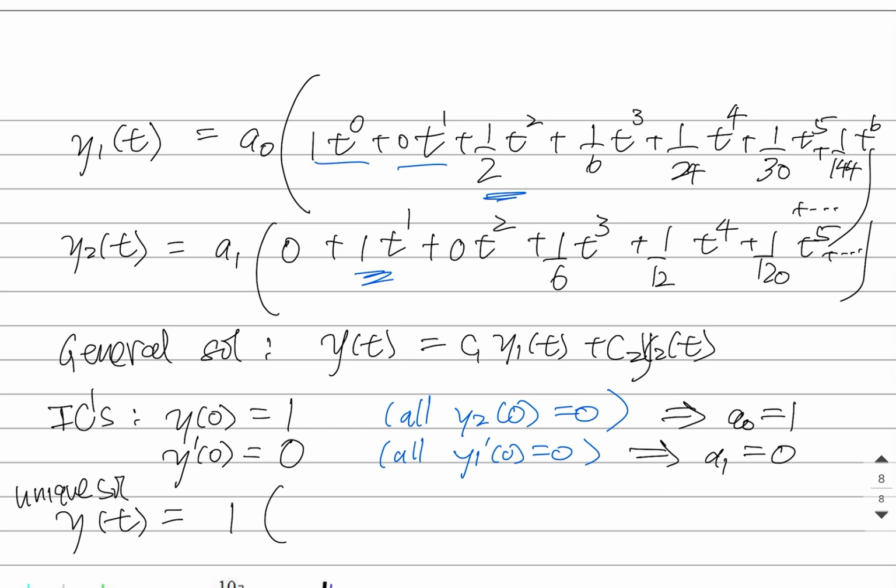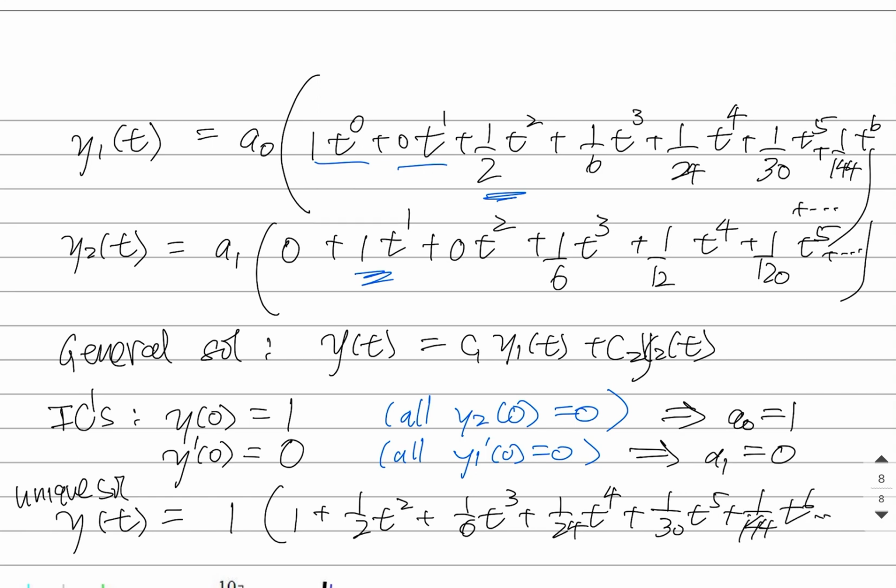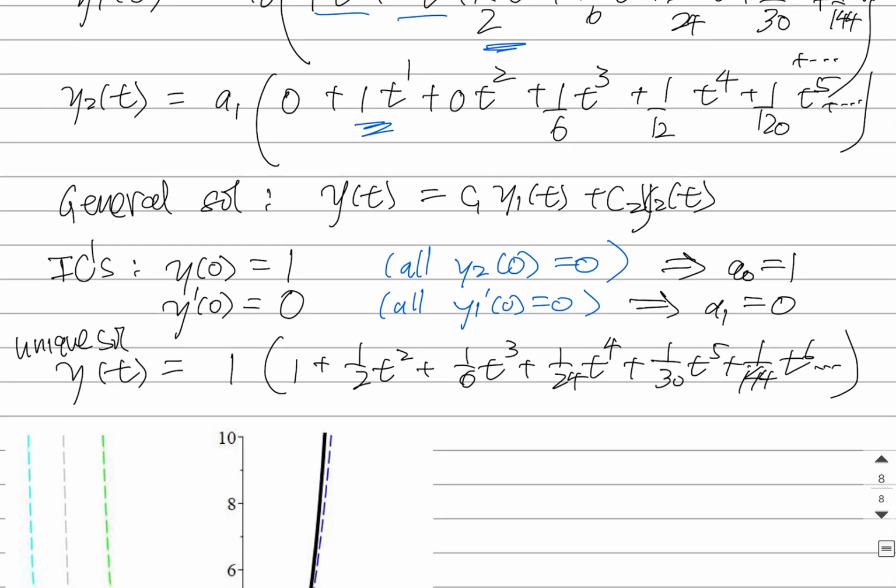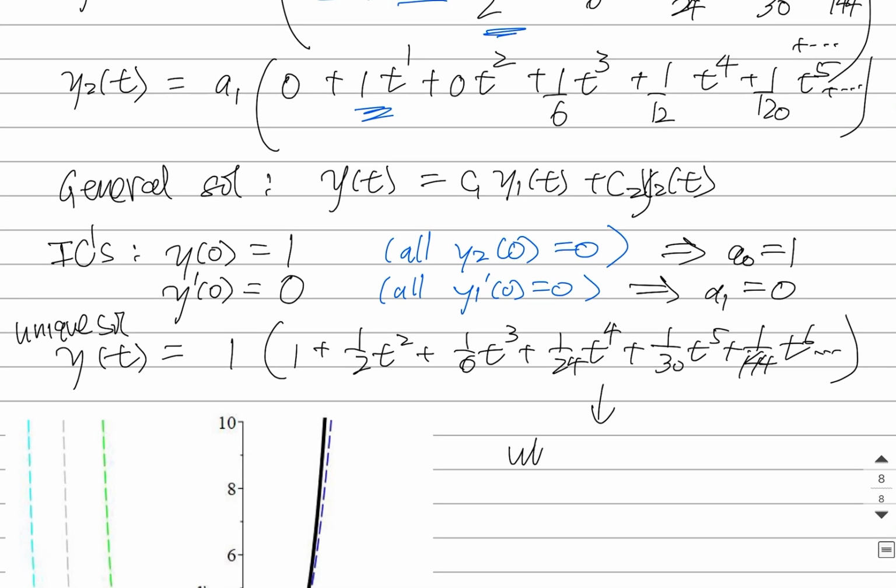So the unique solution to this initial value problem is just 1 times this series. I'll have 1 plus a half t squared plus 1/6 t cubed plus 1 over 24 t to the 4 plus 1 over 30 t to the 5, 1 over 144 t to the 6. It just goes forever and ever and ever. What do I do with this?